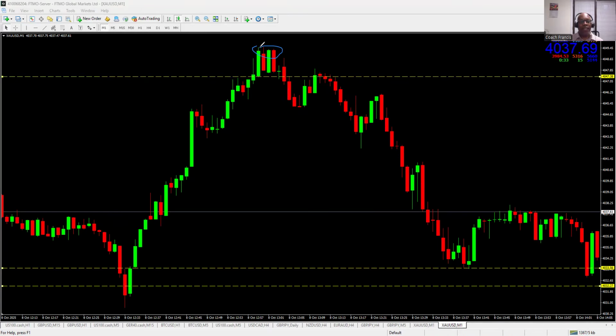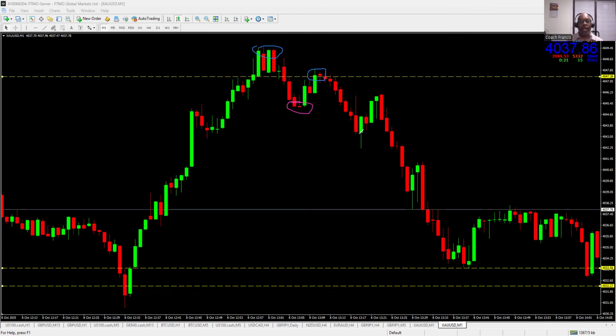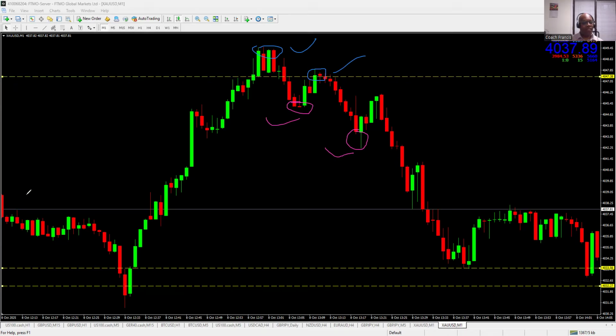There's this high, there's another high, and then of course we have a low and a lower low. Two lows and two highs. That traditionally is the definition of a trend. So when you have two highs and two lows, it means a trend is in effect.